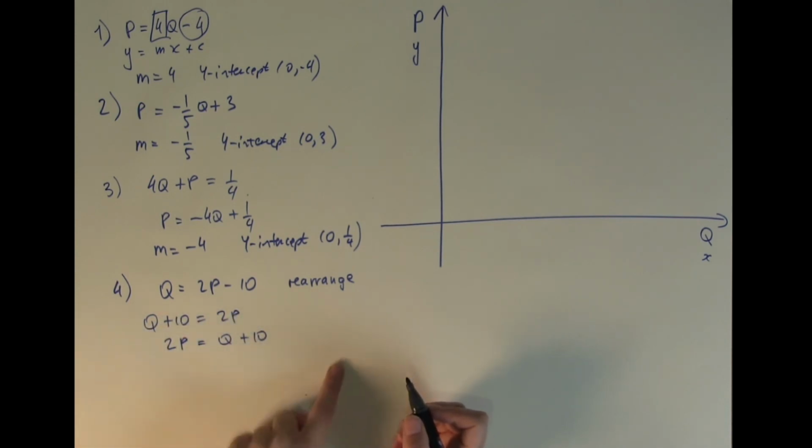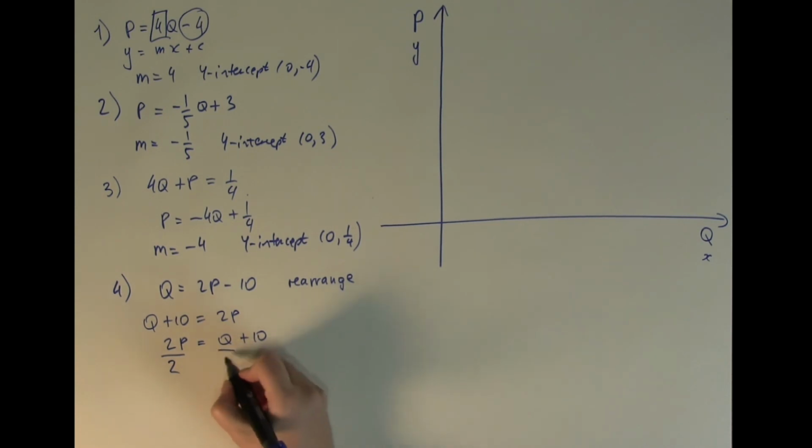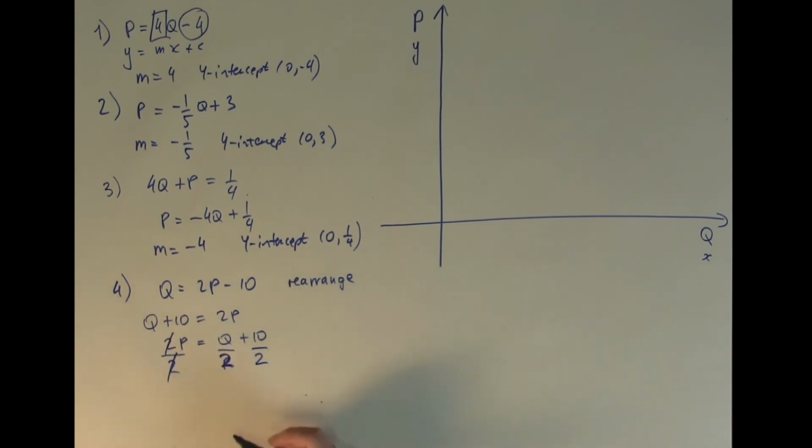Last thing I need to do, I've got 2p, I just want 1p, so I'm going to divide both of the sides by 2. 2p cancels down, so that gives me the p. Q over 2 is the same as half a q, plus 10 over 2 is just 5.